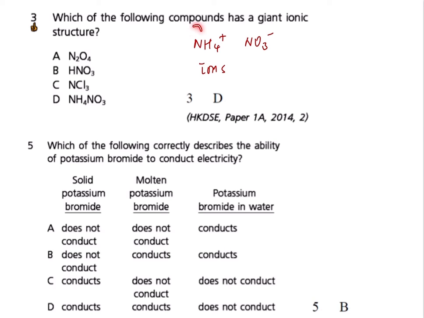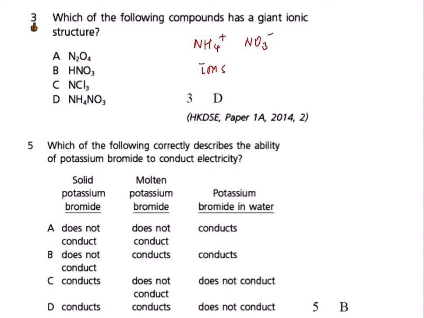So remember, ammonium compound is the exception that they are not metal, but they can form ionic compounds. 你記住 metal 加 non-metal 啦，或者 ammonium 加 non-metal 都會係 giant ionic structure.